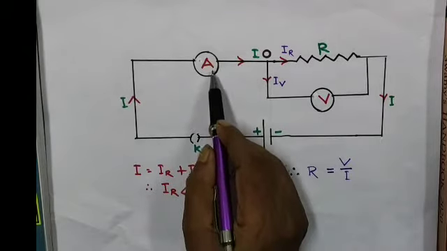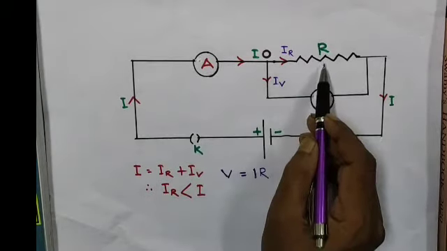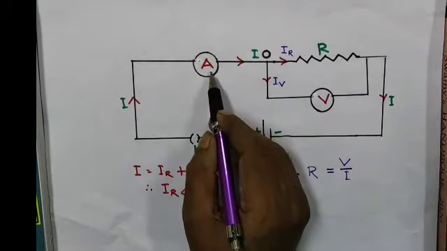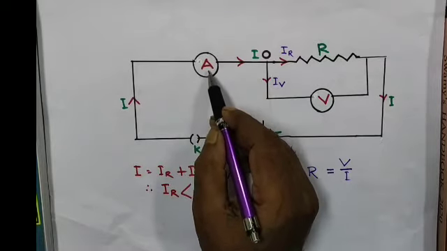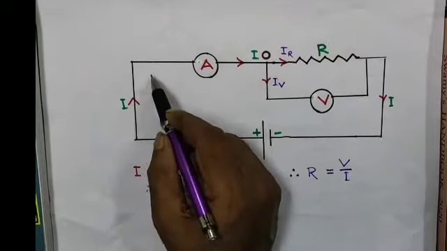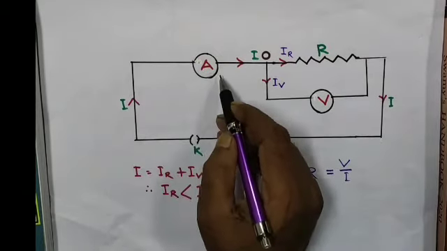One ammeter is fitted with the resistance in series connection, and from the ammeter we can get the value of the rate of flow of current.